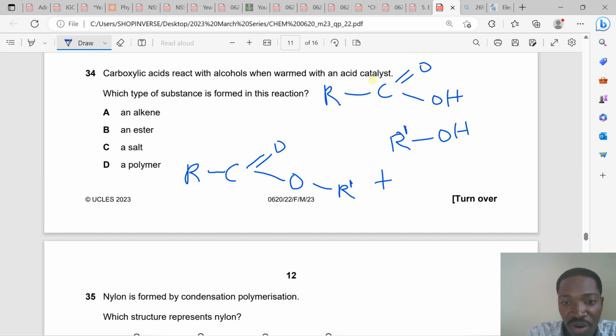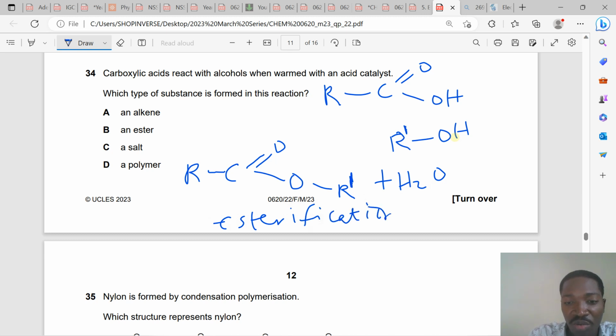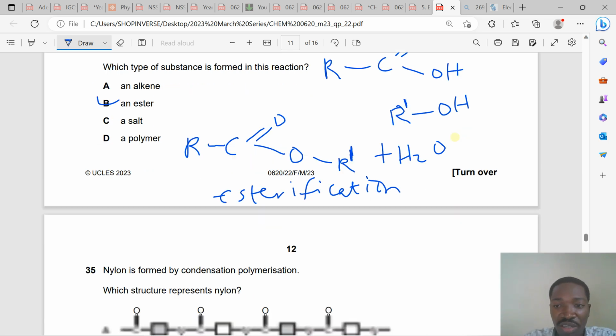Then what happens to the rest? You are removing one hydrogen here, then removing the OH here, plus water. This process is called esterification. That is how you produce esters, and that is B. Question 34, B is the correct answer.